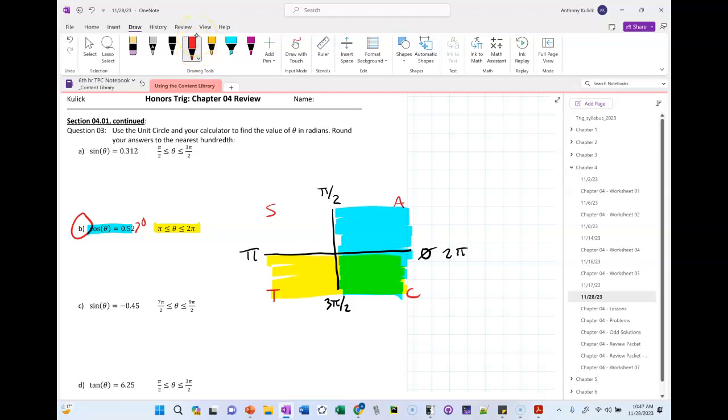So my answer, I know now, has to lie in which quadrant? 4. So there's my theta. Everybody's okay with that? I label that angle between the terminal side and the x-axis. Well, I should say the acute angle between the terminal side and the x-axis is alpha.